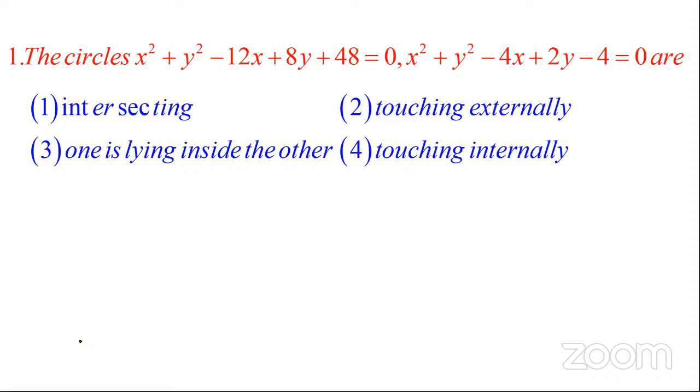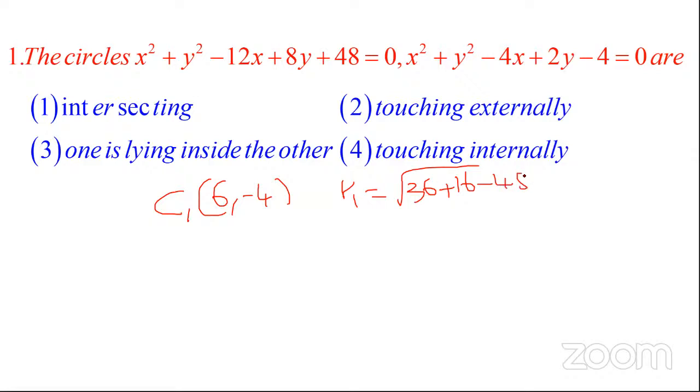So here, what is the C1 value? C1 is 6 comma minus 4. R1 equals under root of 6 square, that is 36, plus 16 minus 48. So 52 minus 48 is 4, under root 4 is 2, so R1 is 2.